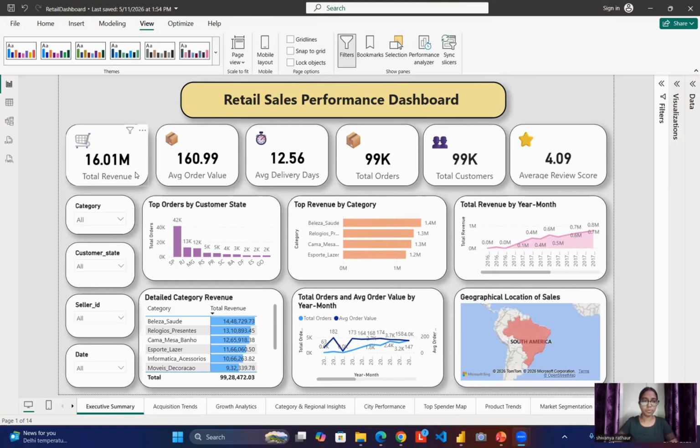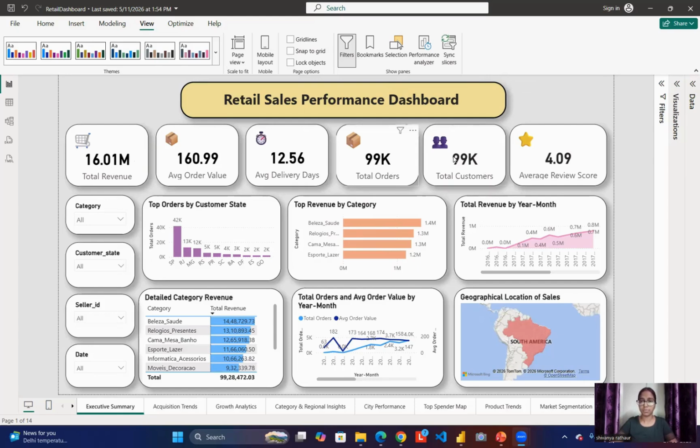And here the most important KPIs, which represent the total revenue, approx 16.01 million, and average order value, which is 160, average delivery days, which is 12 days, total orders and total customers.